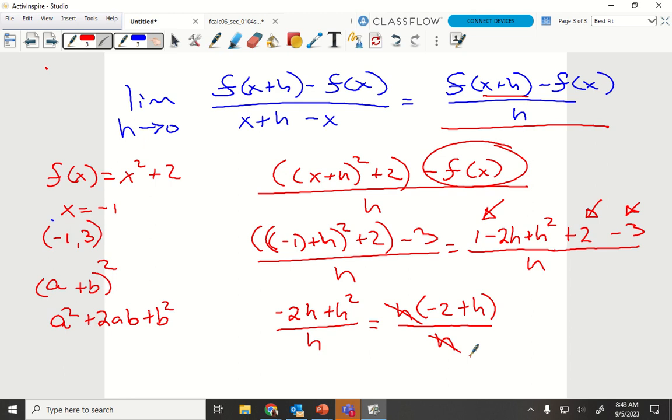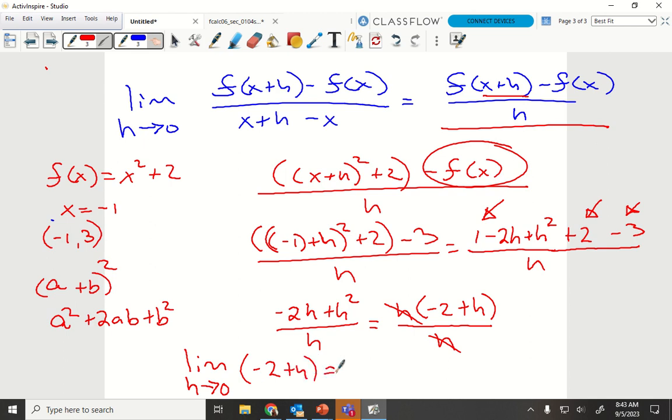Okay. There we go. Now, if you guys remember, when I was able to cancel it out, can I do my limit? Now can I do the limit as h approaches 0 of -2 plus h?